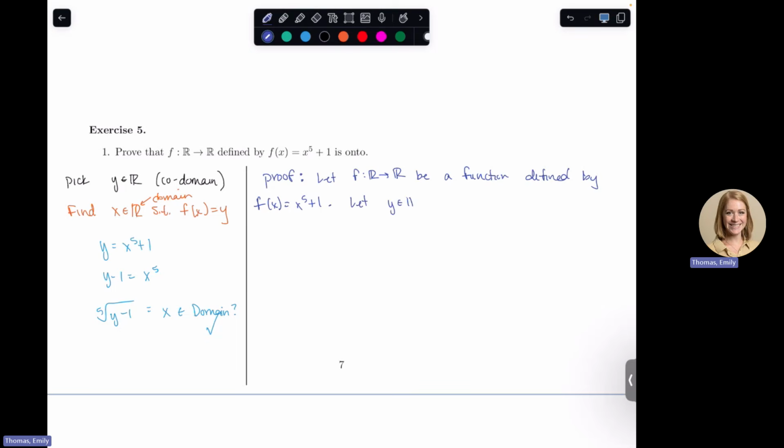Let y be an element in our codomain. Suppose x equals the fifth root of y minus 1. Notice x is in our domain.